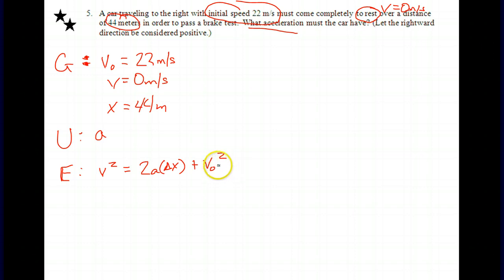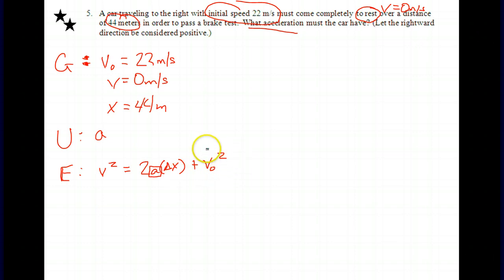Well, let's see. We need to rearrange this formula to solve for acceleration. And since we're solving for acceleration, we're going to try and isolate that all by itself. And I'm just going to put a little square around that A. We've got to get rid of everything else on this side of the equation.